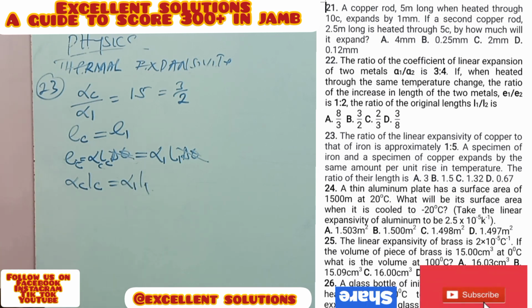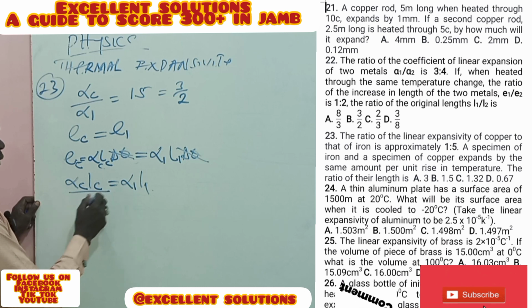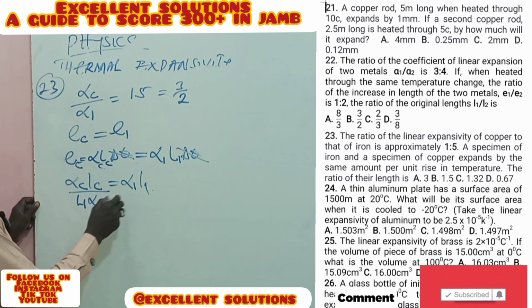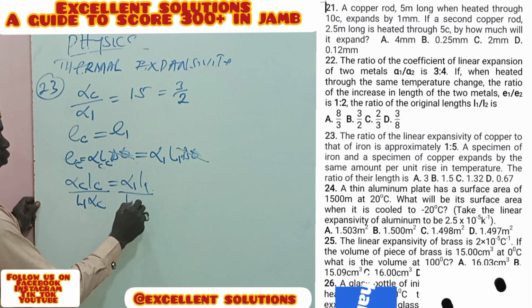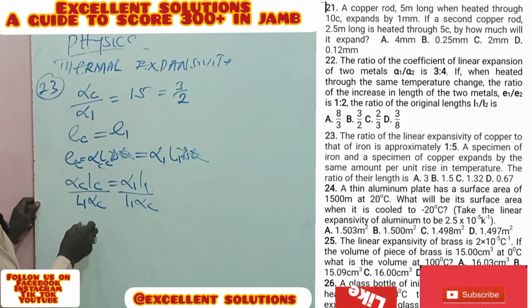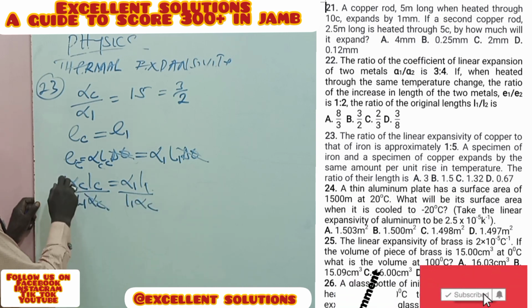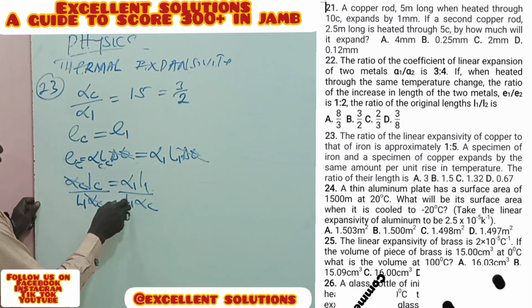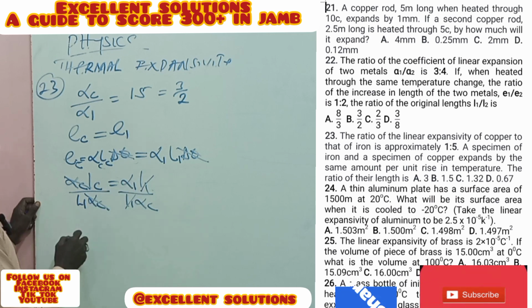So for this case, if we want to get length of copper over length of iron, this one we now divide by L1 alpha of copper, here also by L1 alpha of copper. So that means alpha of copper cancels alpha of copper, and then length of iron cancels length of iron.